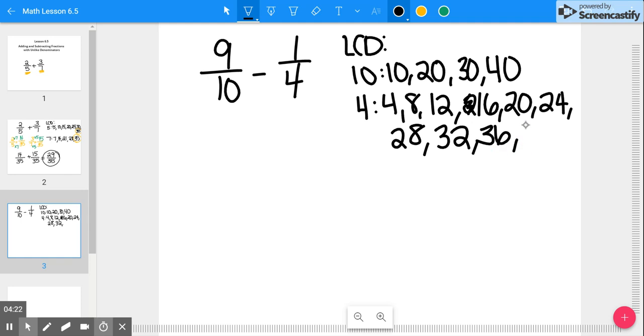I'm almost there. 4 times 10 is 40. So I know that 40 is my LCD. It's my least common denominator. And remember, I could have also just multiplied the denominators together, 10 times 4, and got 40.